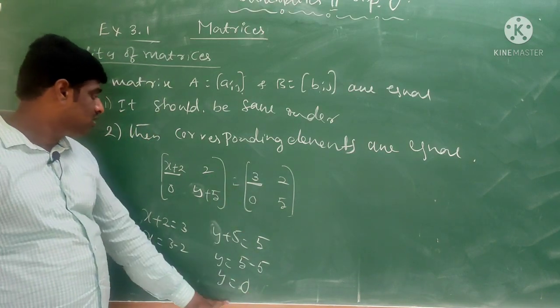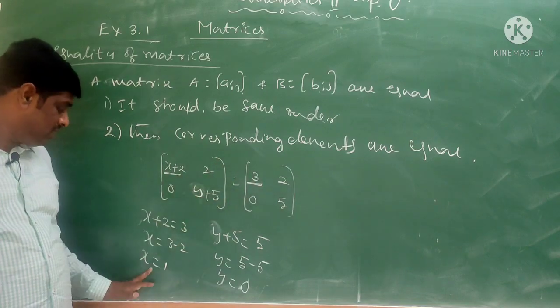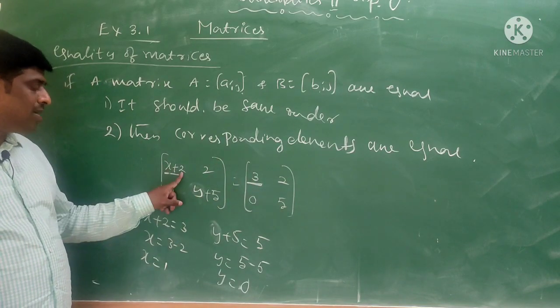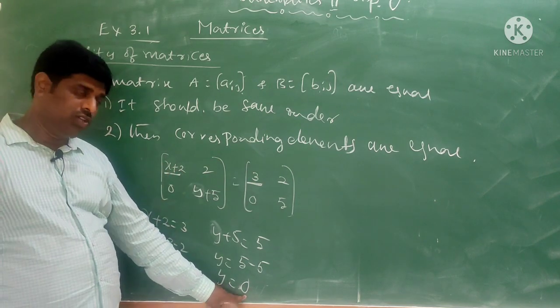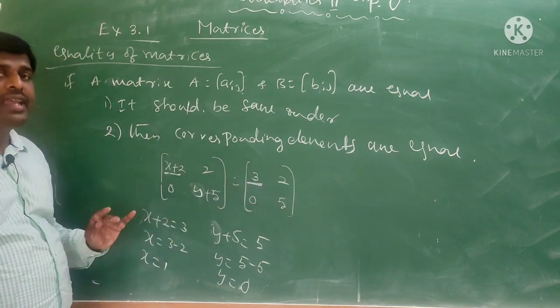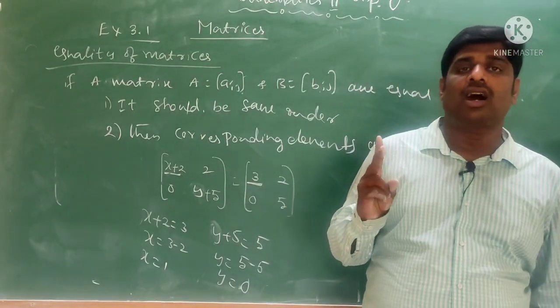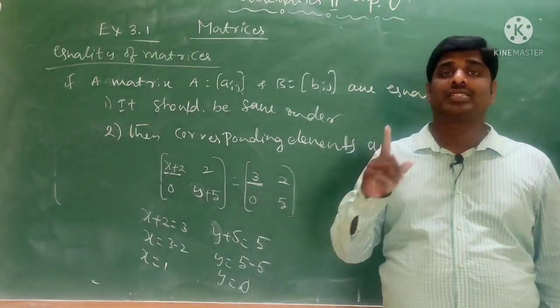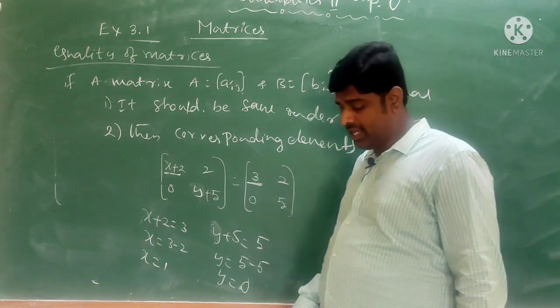If we substitute these values, it should be an equal matrix. See, x is equal to 1, 1 plus 2 is 3, 3 is equal to 3. y is equal to 0, 0 plus 5 is 5. So these are the equality of matrices. If any two matrices are equal, they should be the same order, then corresponding elements are equal.